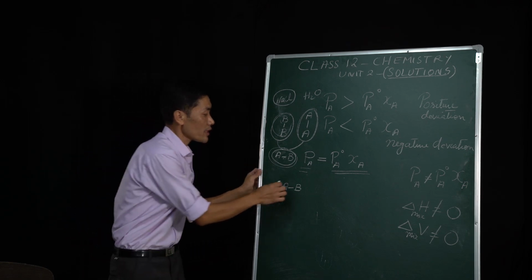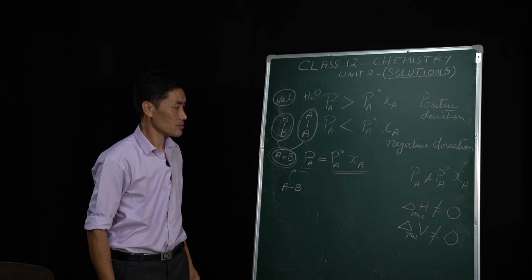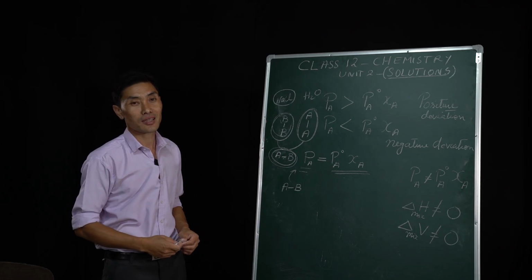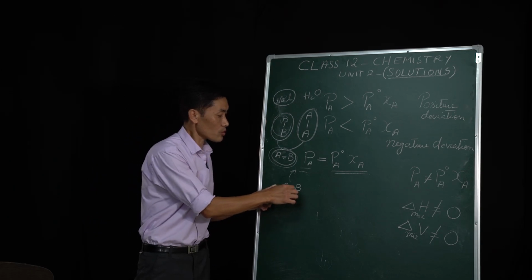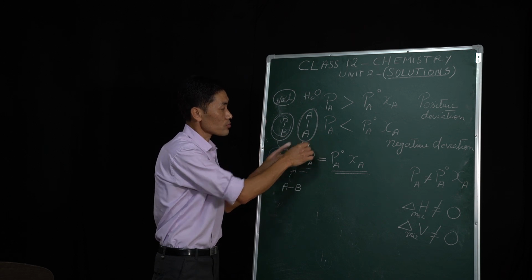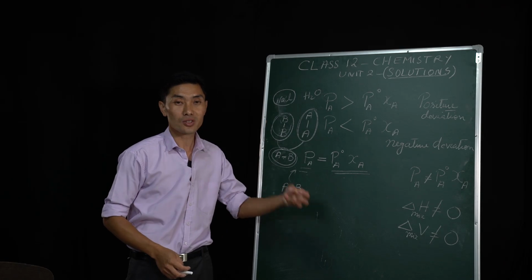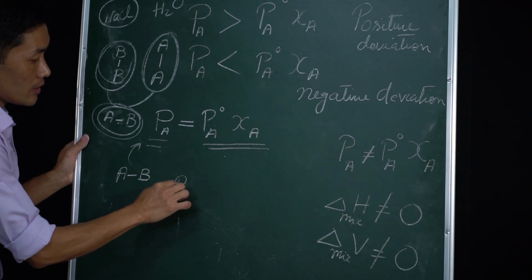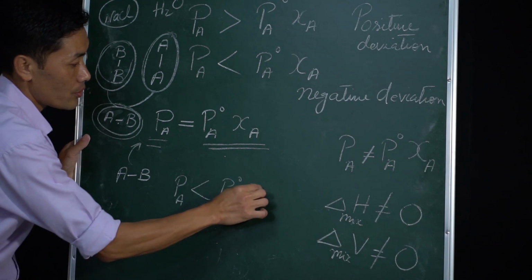So molecules going into the vapor phase will be less in such cases. If a smaller number of molecules go into the vapor phase, then the vapor pressure decreases. So if solute-solvent interactions are stronger than solute-solute or solvent-solvent interactions, then we will get a case where the vapor pressure is lowered, and therefore PA will not be equal. It will be less than PA naught into XA.